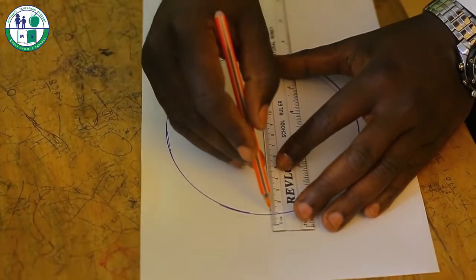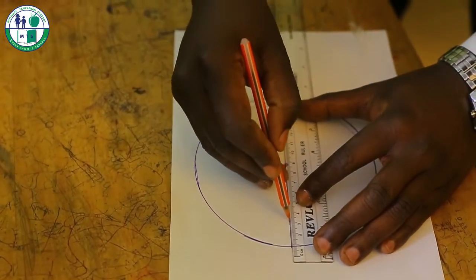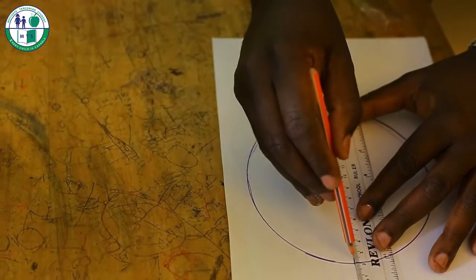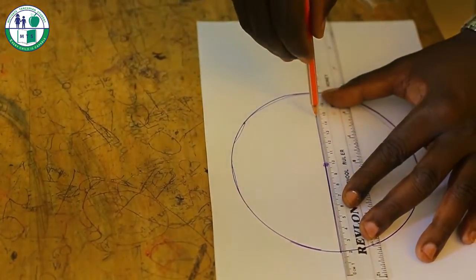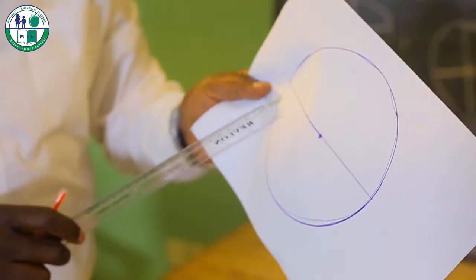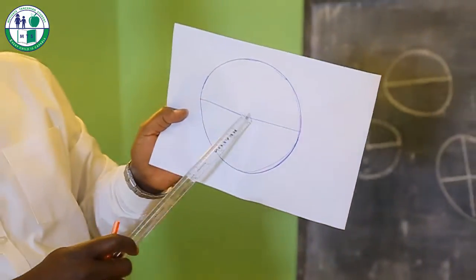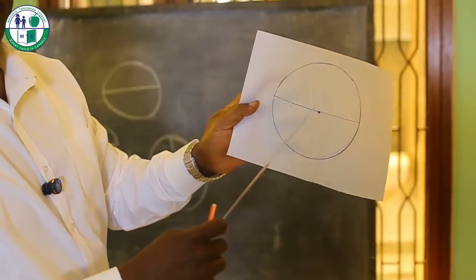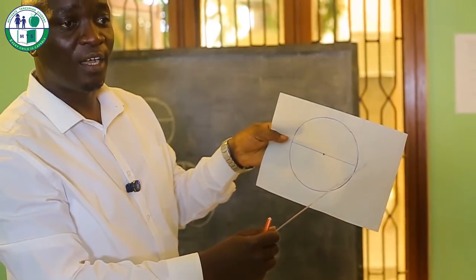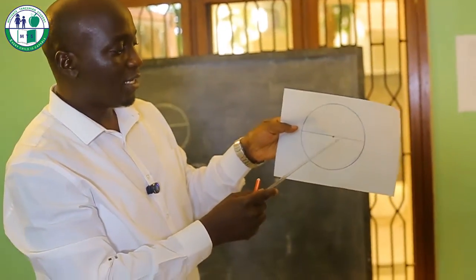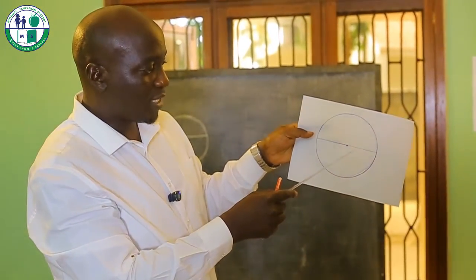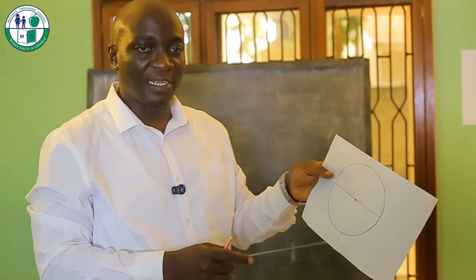I want to show you something. First of all, if a straight line passes through the center of a circle, it has its name.